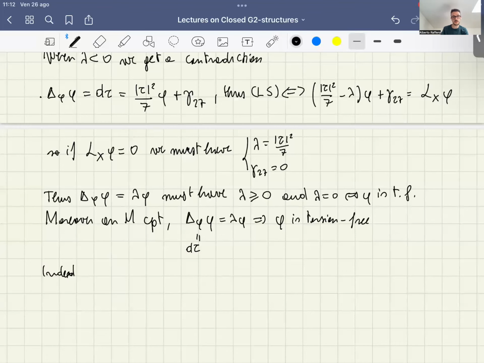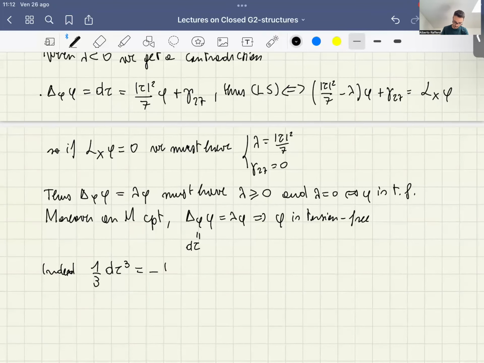And what you can do is to compute 1/3 the differential of the cube of tau, and you will get minus the norm of tau to the power of 4/7 times the volume form. And so similarly as in the case of Einstein metrics induced by closed structures that we saw yesterday, here you can take the integral over the manifold and apply Stokes to conclude that tau has to be equal to 0.